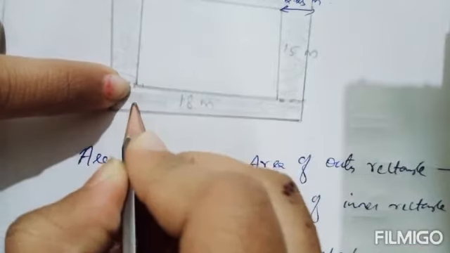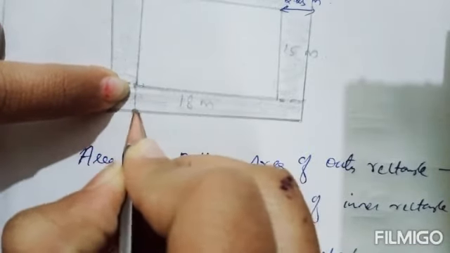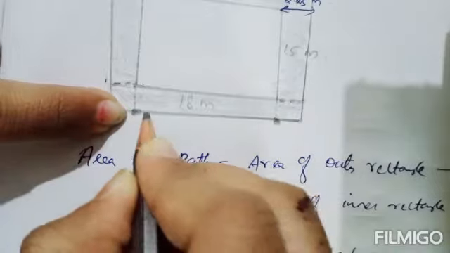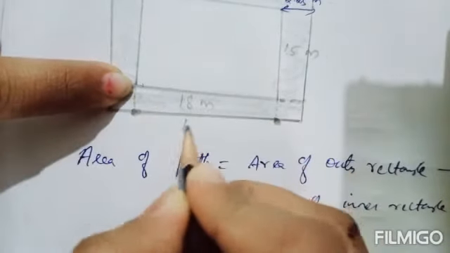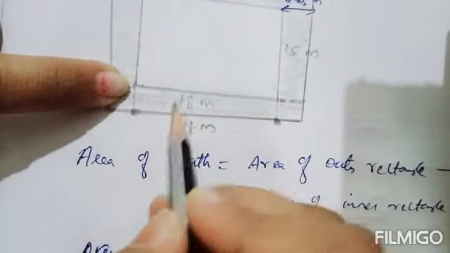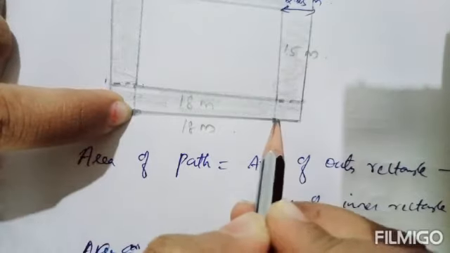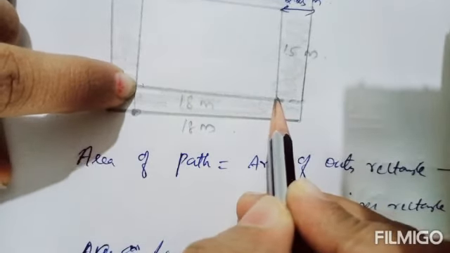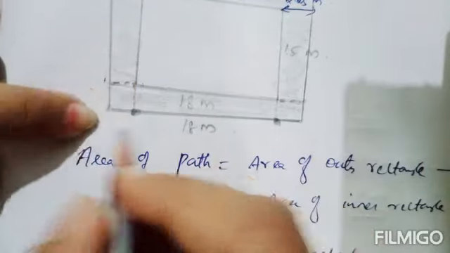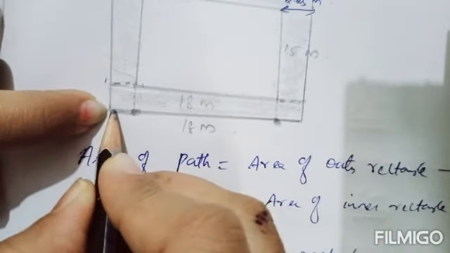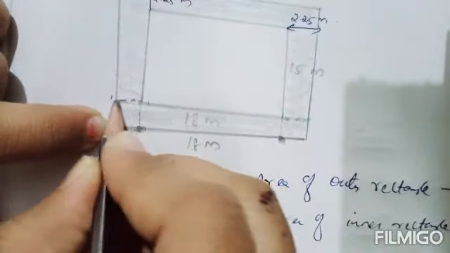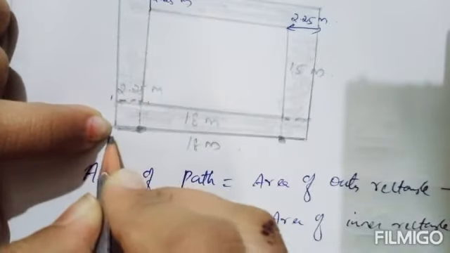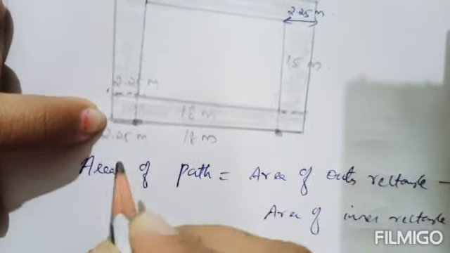Also, from this point to this point, what is the length? It is given 18 meter. From this point to this point, the distance will be equal to the length of the inner rectangle, 18 meter. Now this length will be equal to the width of the path, that is 2.25 meter.